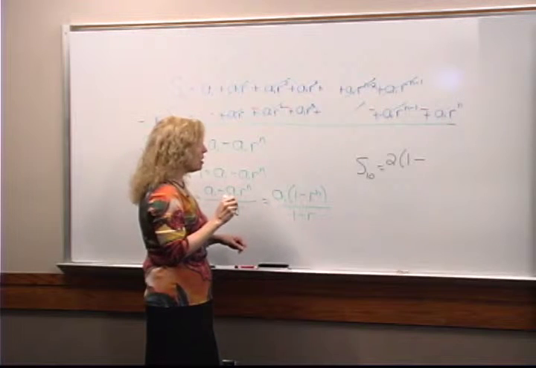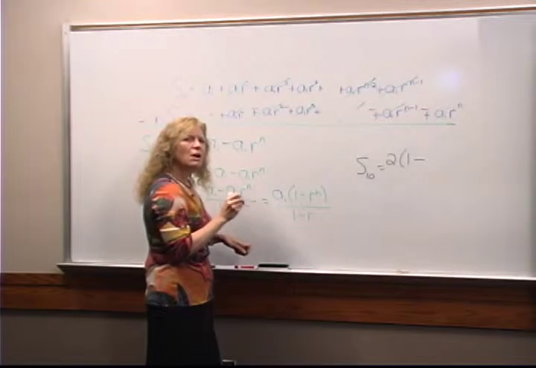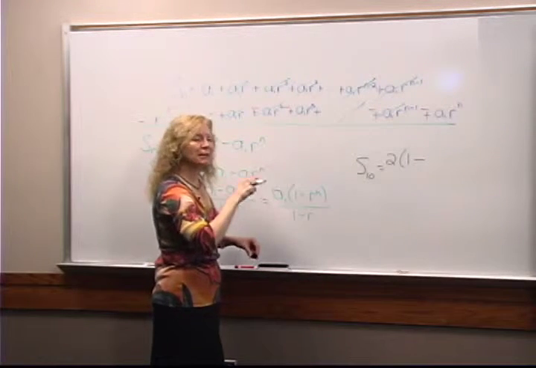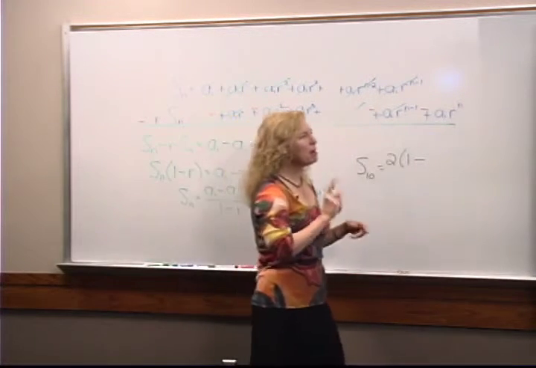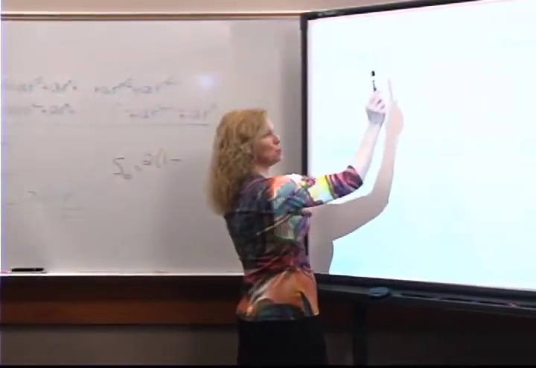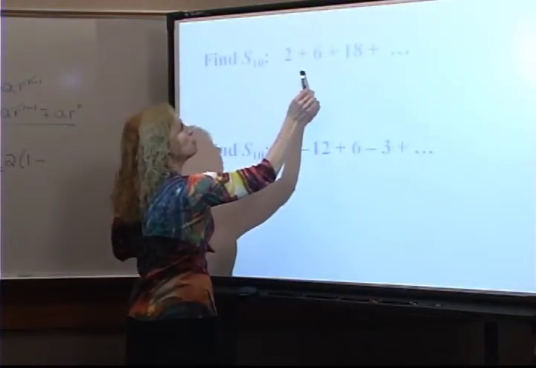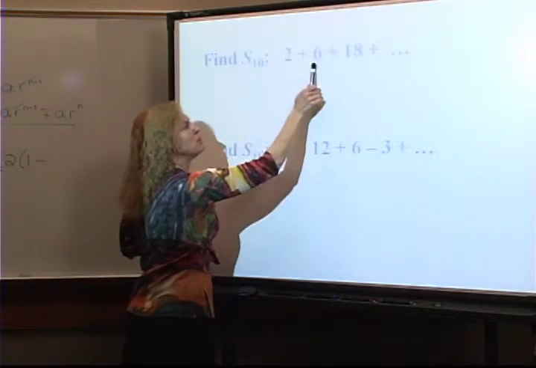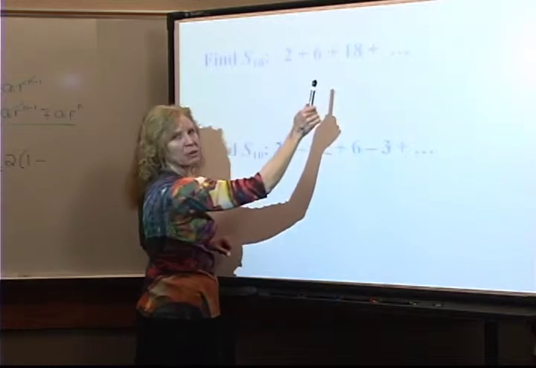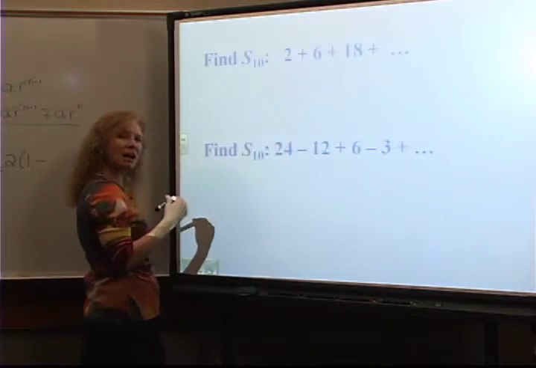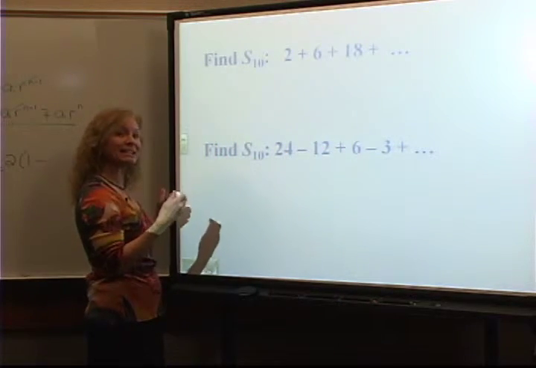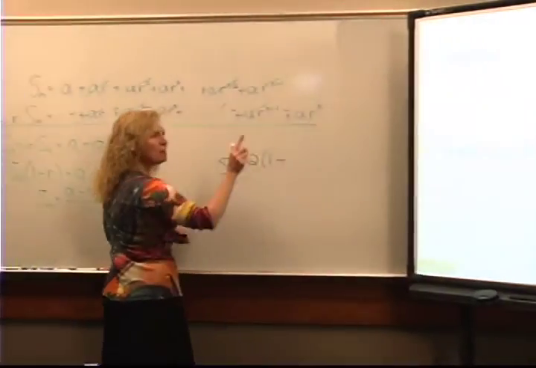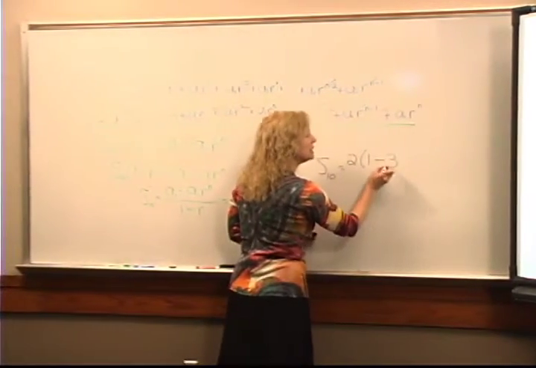Now, what is r? r is that common ratio, and that's what's being multiplied each time. Now, I apologize that I didn't go back and just reiterate how we are getting from term to term, because we've seen this one. We're multiplying by 3. We're multiplying by 3. You want to make sure before you apply the formula that you have the correct type of sequence or series. My common ratio there is 3.